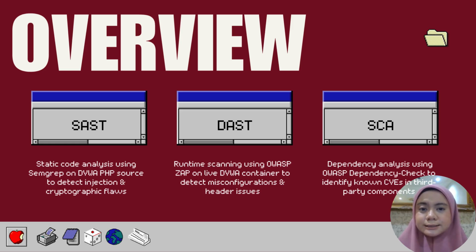Third is SCA, or known as Software Composition Analysis, where I use OWASP Dependency-Check to identify known CVEs in third-party components. All testing was carried out on DVWA running in Docker with security level set to low.